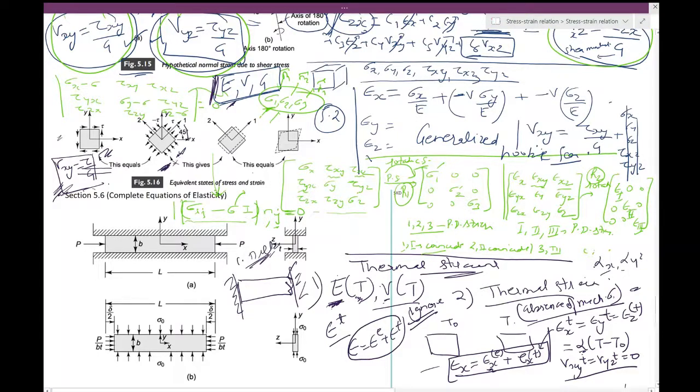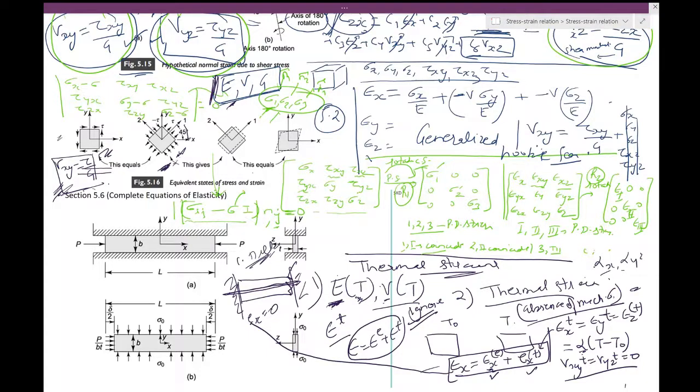So because it cannot have any strain along the axis, Ex total has to be 0. That would mean that this part is the negative of this, under the action of both mechanical and thermal load. Okay, so that's what will happen.